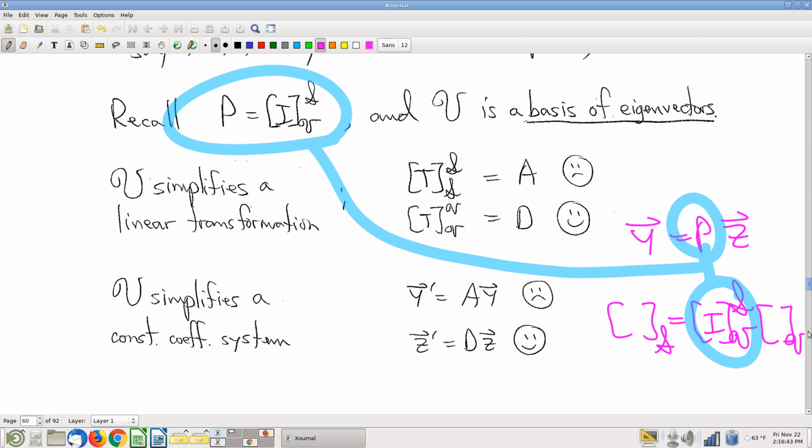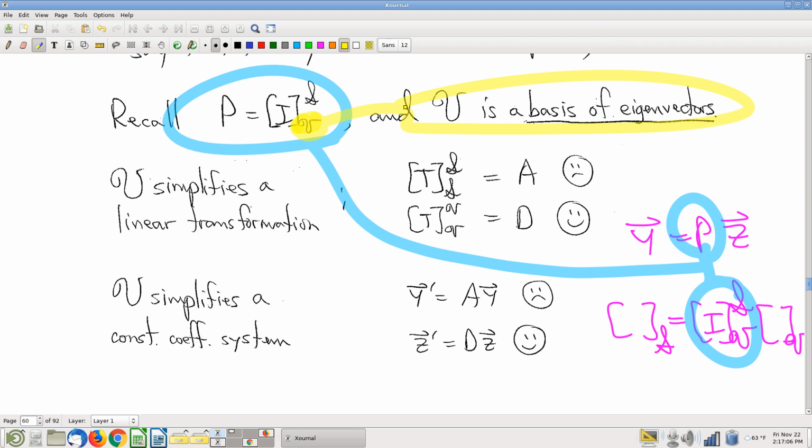All right, and last comment on this before we go on to a bunch more details. P is a change of basis matrix, and that basis is the basis of eigenvectors. So eigenvectors are the tool that makes this all possible. Linking this back up to section 5.4, why do we care about eigenvectors? There's a long list of reasons.